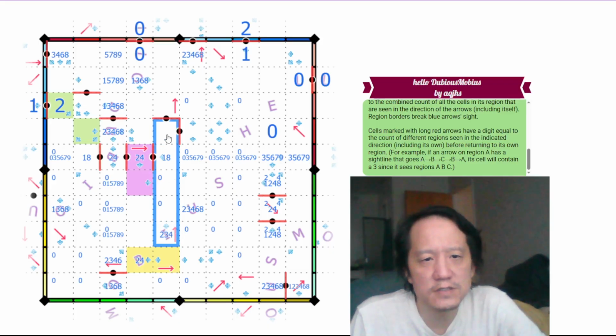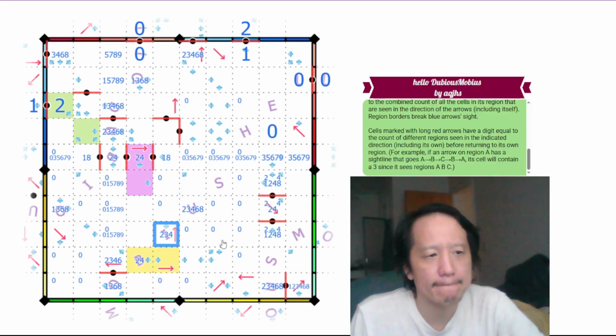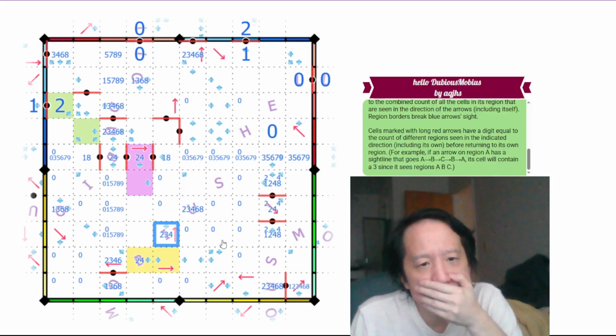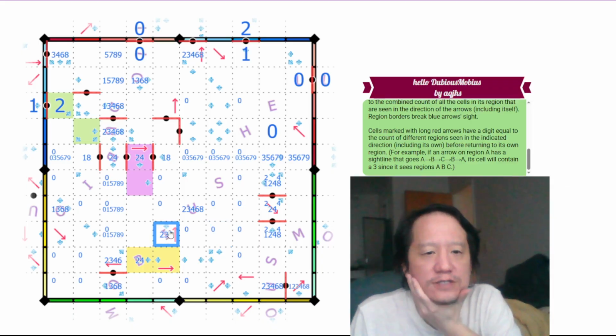So I guess for red arrows, it can never be 1, because if it were 1, it never returns to its own region, quote unquote, right? Because otherwise this doesn't make any sense. Because if it stays in its region here, these must be the same region.